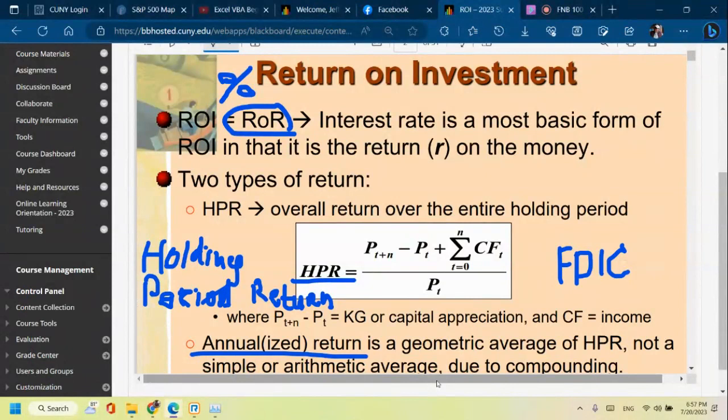Now this CD gives you 5% a year, but the contract period is 9 months. So you adjust it by 3/4.